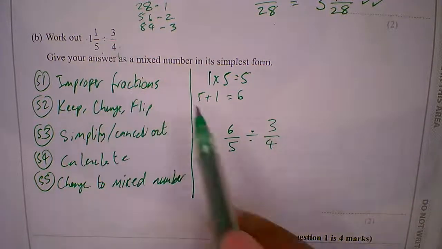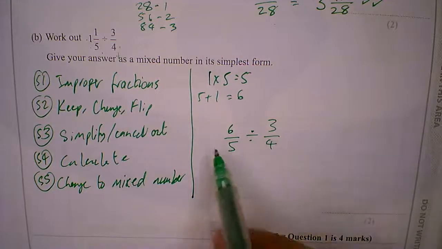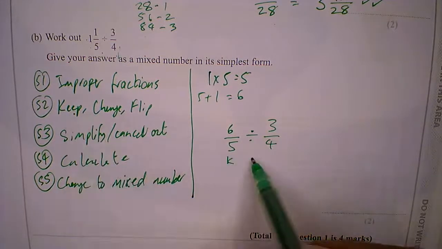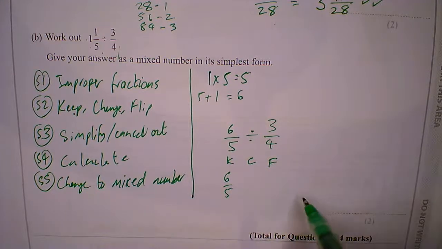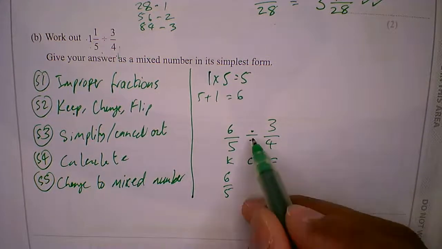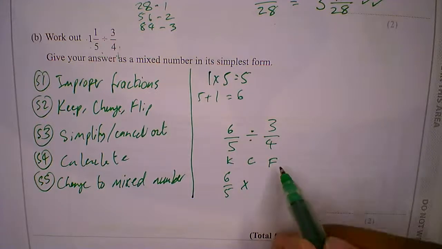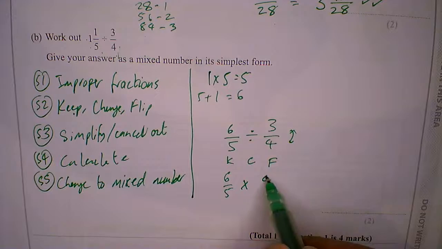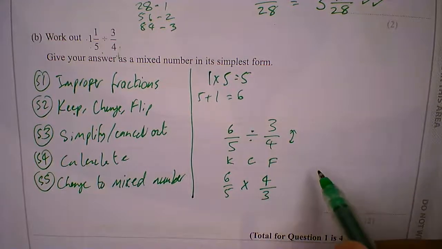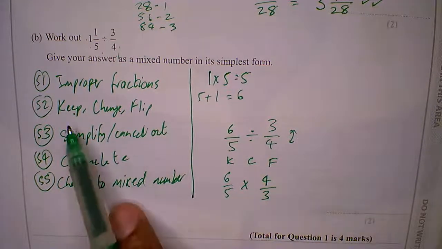This doesn't need any work. So I've done that part. So now I do keep, change, and I flip. So this stays as it is, 6 over 5. I change the divide into a multiply, and I swap these round. So this now becomes 4 over 3. So I've got my step 2.